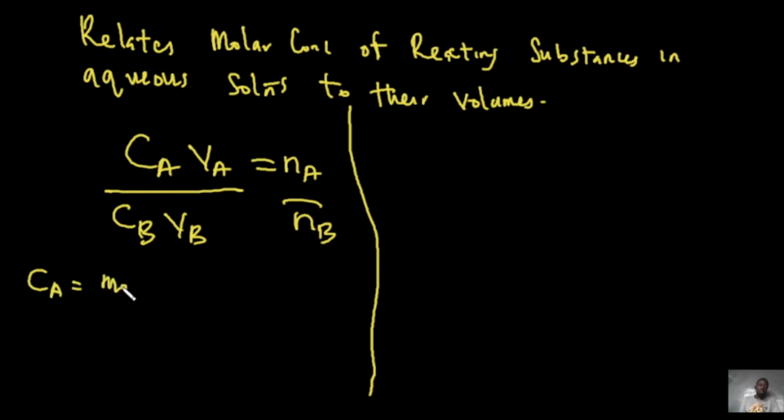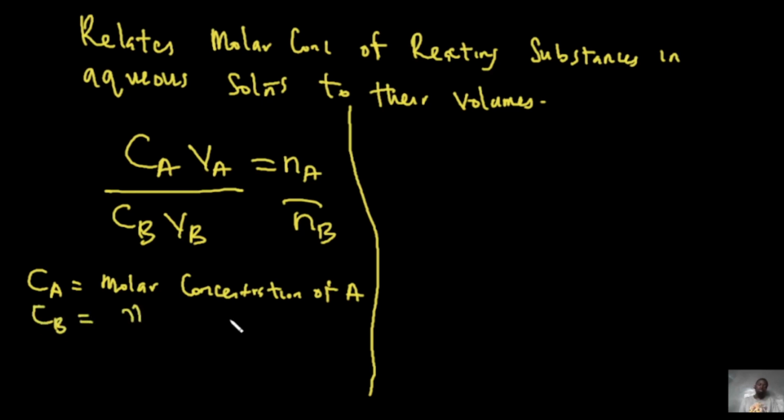It simply means molar concentration of solution A. So when I'm asked to find the molar concentration of solution A, or maybe I'm relating it to solution B, the Ca here is simply representing the molar concentration of solution A, which is the concentration in mole per dm cube. Okay, then we have Cb.